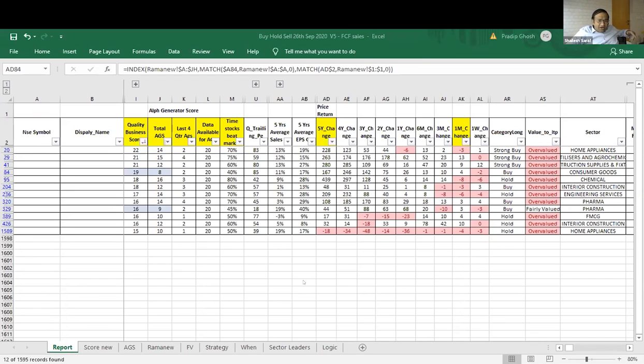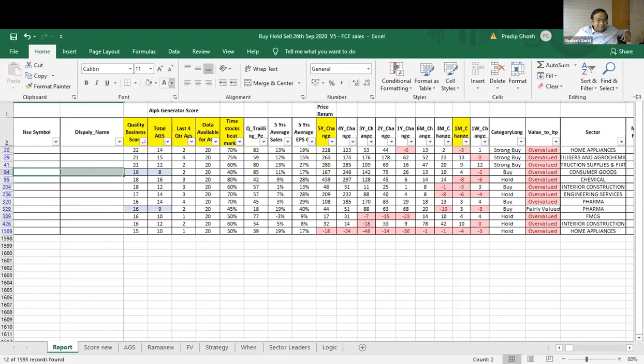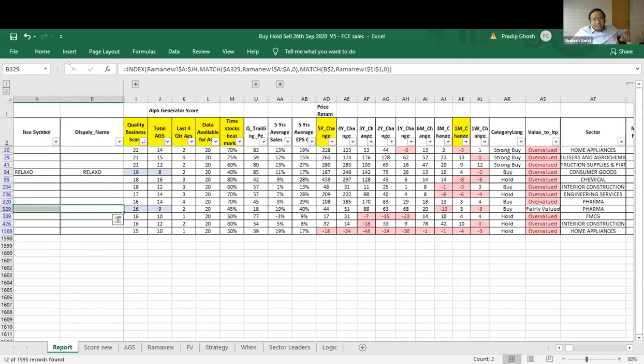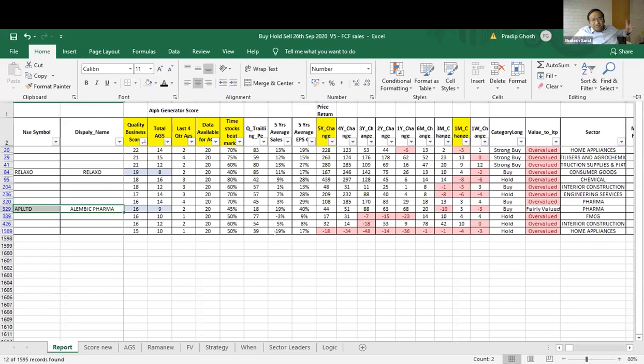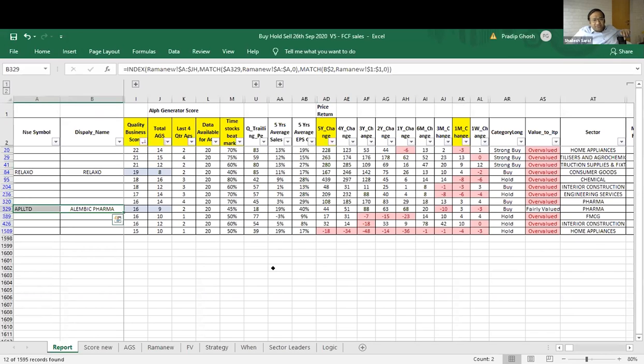You may avoid only that company which is 19. Which company is that, 19 and 8? So Relaxo is one company, and then you have Alembic Pharma. You can avoid these two, but still these are fantastic companies doing very, very well historically.